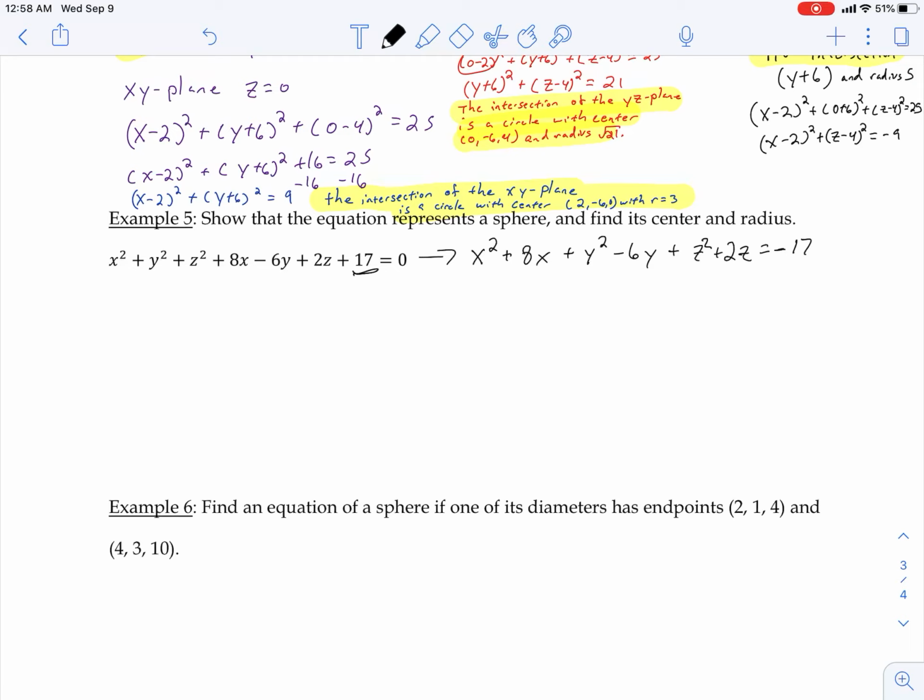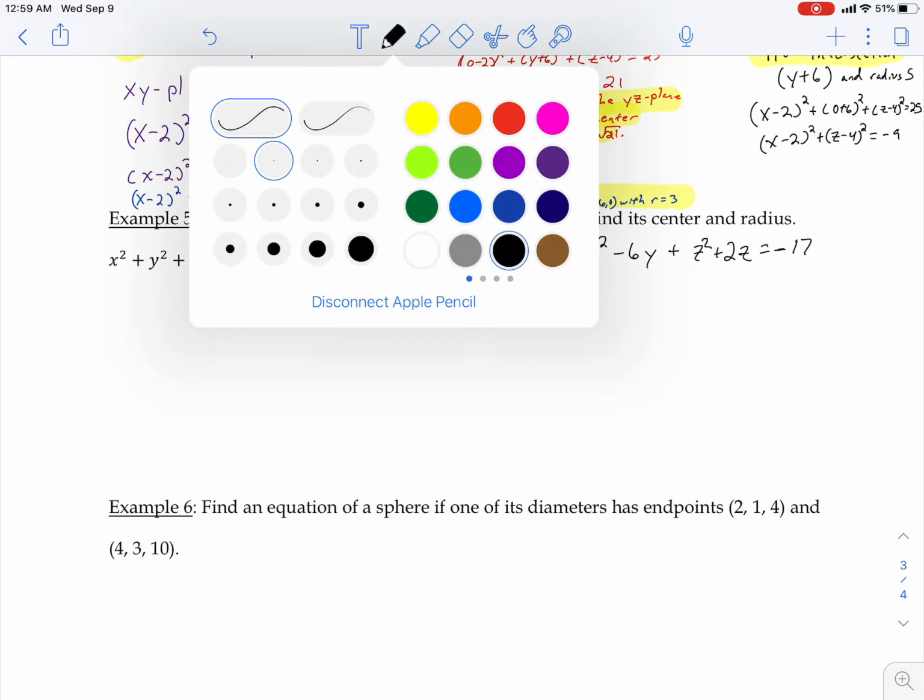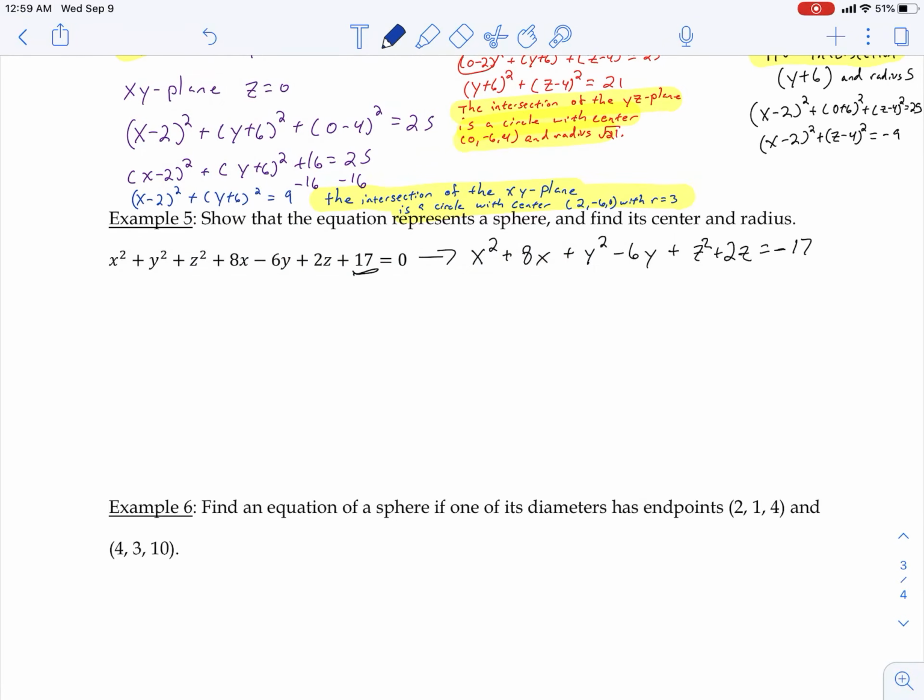Now, what we want to do is we want to be able to write these in terms of perfect square binomials. And so in order to do that, we're going to complete the square. And so in order to complete the square, remember, if things were in terms of ax squared plus bx, you take your coefficient with your x value, you divide it by 2, and you square it, and that's going to be the value that you need to add to be able to complete the square.